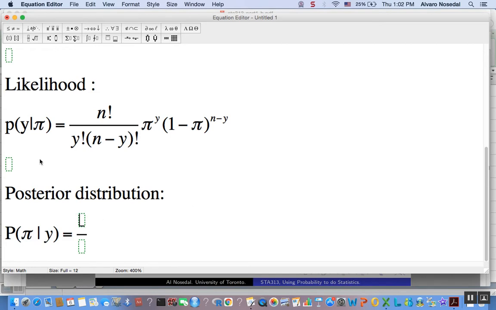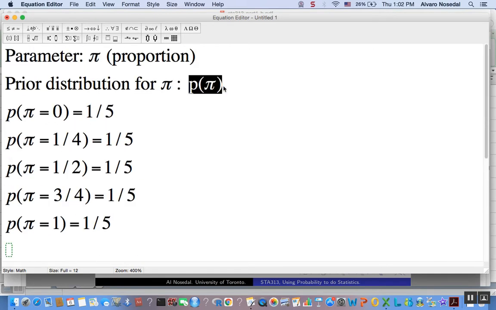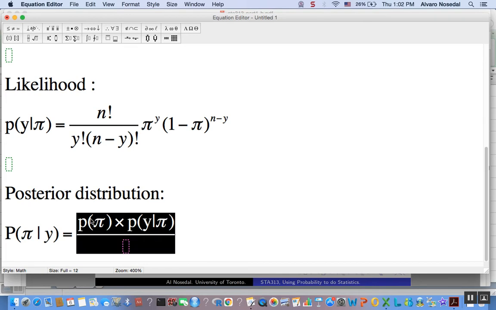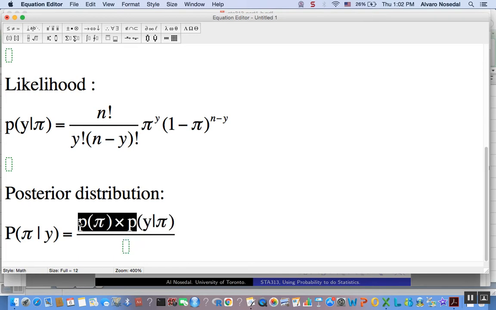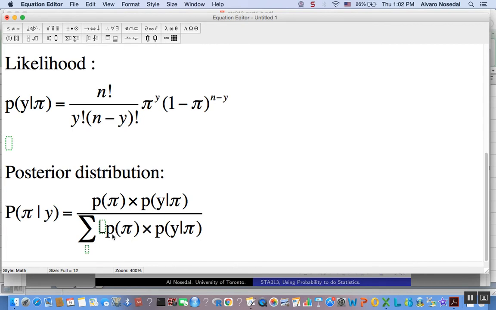In this case, we have our prior times likelihood in the numerator, and then we divide by that product for all values of pi.